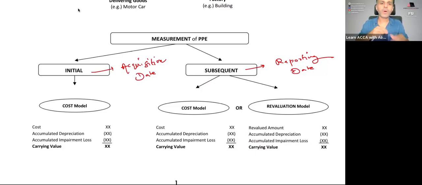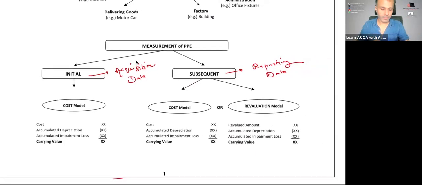So initially and on the date of reporting, how do we have to measure them? Initially at cost, subsequently either at cost or the revaluation.